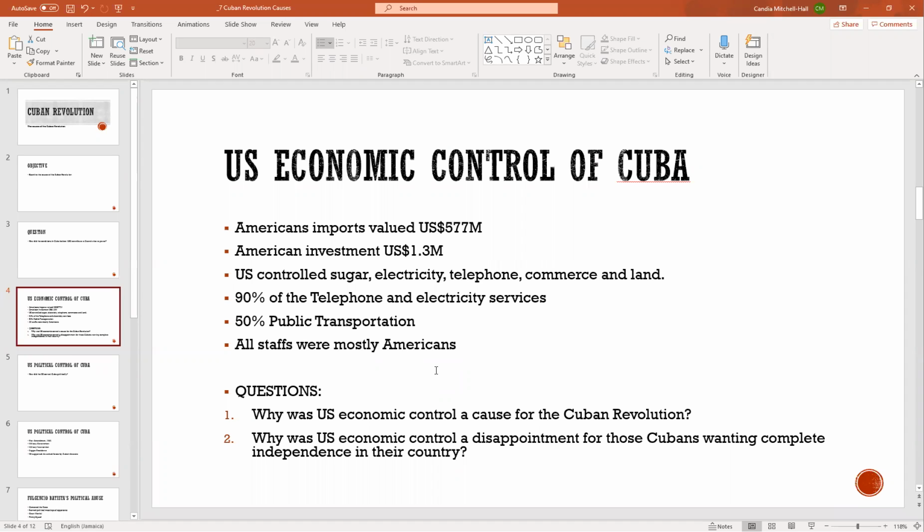You have the transportation sector, but when you pay your transportation fee, all the money goes back to the US. When you make a telephone call or pay your electricity bill, all the money goes back to the US. You're not benefiting. When you have the sugar industry and all of these different lands, they control all of your land. You're not benefiting. Most of the locals are still unemployed, so that's how you link it.